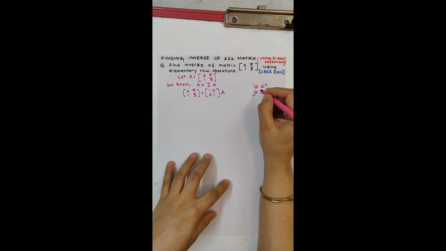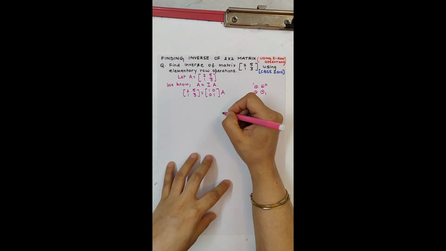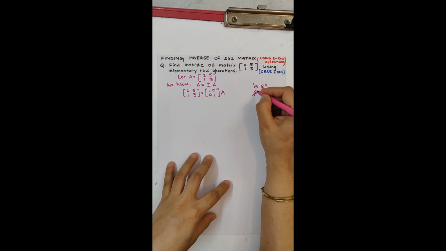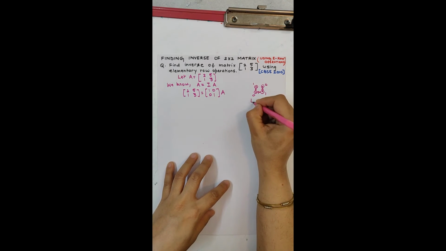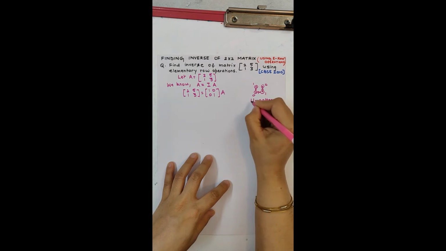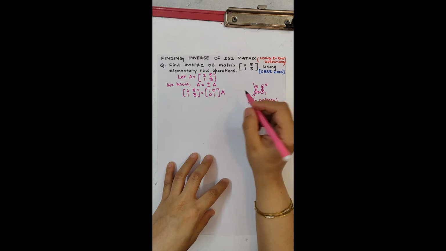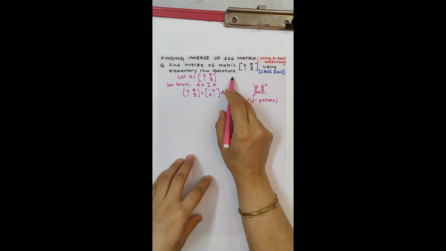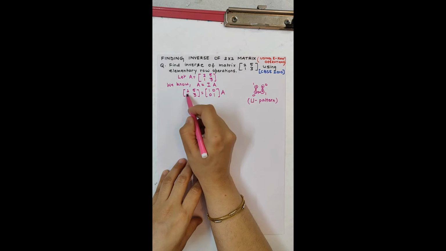Now there is a specific pattern which we will follow, using which you can do this question with much ease and without any calculation error, and that is, you make this element 1 first, and then you make this element 0, then you make this element 1, and then you make this element 0. So there is this U pattern that we are going to follow for 2 cross 2 matrices in case of elementary row operations.